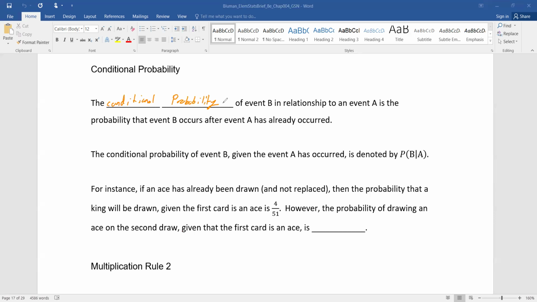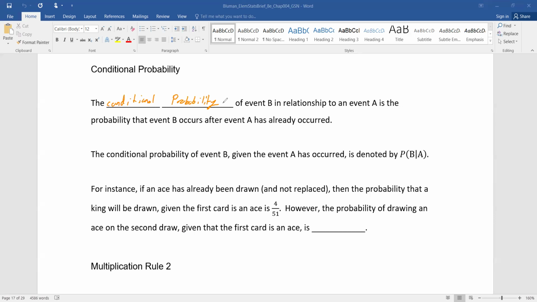So for instance, let's say I wanted to get a green marble on the second event, but I know they got a red marble on the first event. All right. So that's a conditional probability. So knowing what the probability of one event is, knowing that the first event did occur.